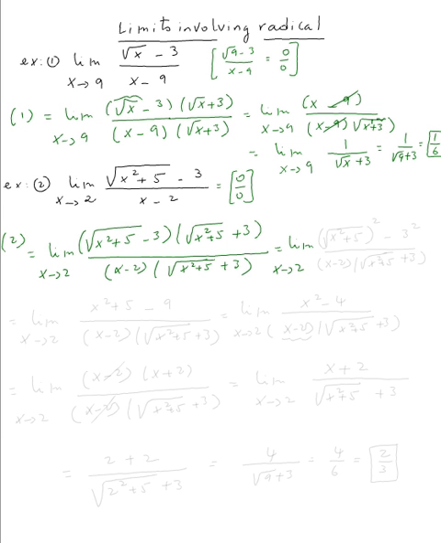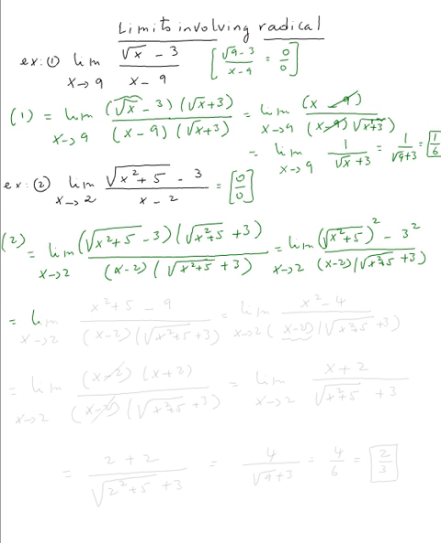If you FOIL the top, you're going to get a squared minus b squared. Let me do it in 2 steps. Square root of x squared plus 5, we want to square this, minus 3 squared, over x minus 2 times square root of x squared plus 5 plus 3.